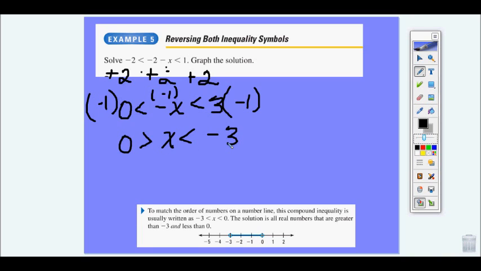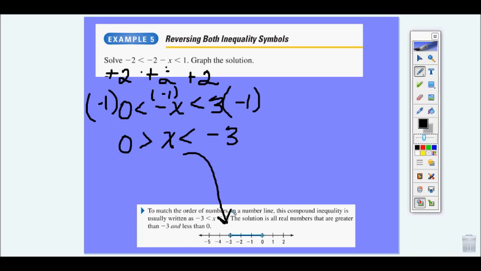Now the problem with this is that our final sentence does not come in the order that it appears on a number line. So it is an and statement, so we can think about that. You can go ahead and change things into two separate ones if that helps you, but we need x to be greater than -3, so I have the open point at -3 shaded to the right, and then here is the other equation that is written kind of backwards.